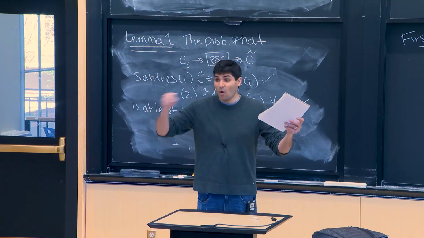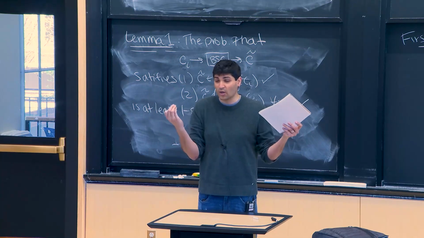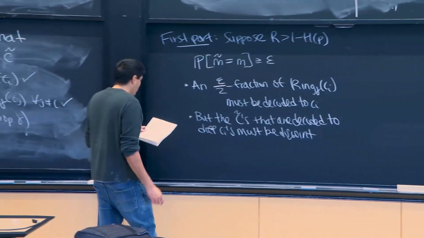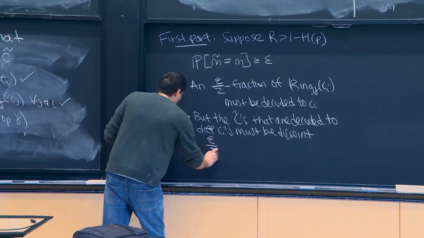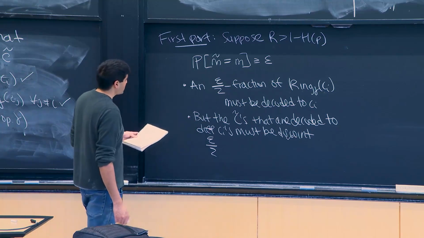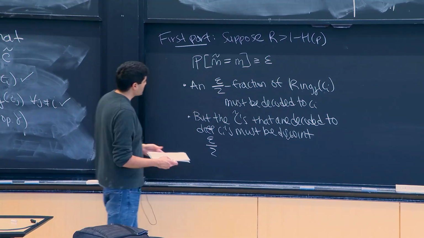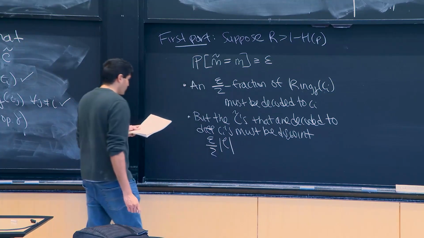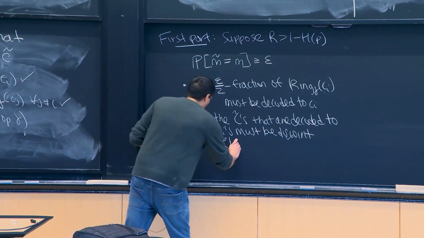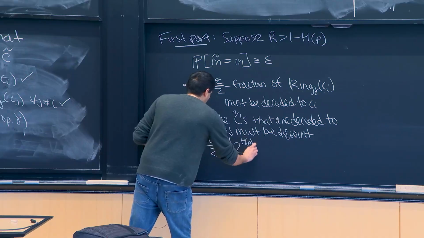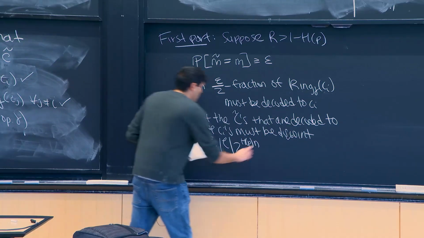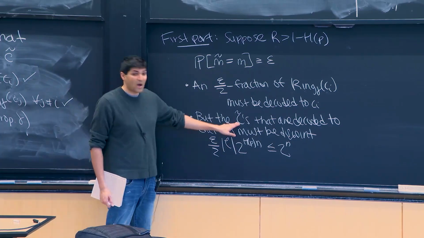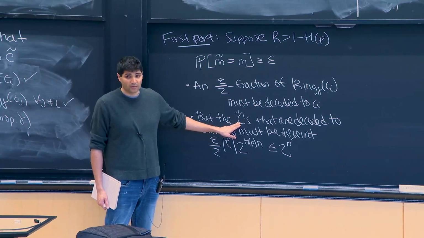So if I look, over all these different messages, at which things are decoded to it, each of these sets is disjoint. And so what does this mean? If we add up the total volume of these sets, we know that each is at least an epsilon over 2 fraction of the ring. We know that there's one of these rings for each codeword in the codebook. We know that the ring has size 2 to the entropy of p times n. But this cannot be larger than 2 to the n, because that's the number of possible C tildes there are, period.